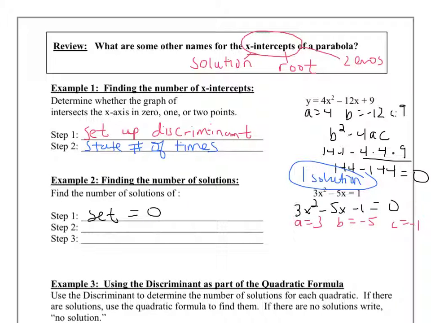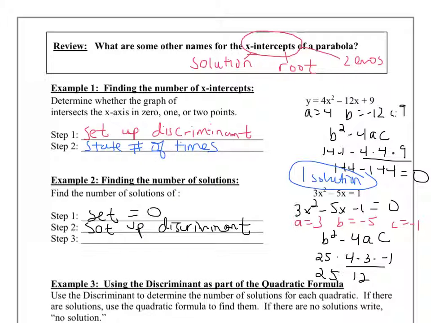Filling in the discriminant, B squared minus 4AC: B squared is 25, minus 4 times 3 times negative 1. 4 times 3 times negative 1 is 12, and 25 minus 12 is 37. So it's positive, so we have 2 solutions.